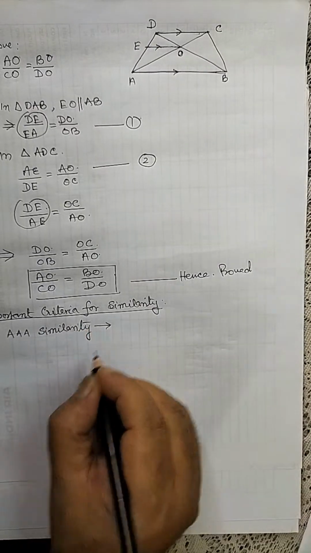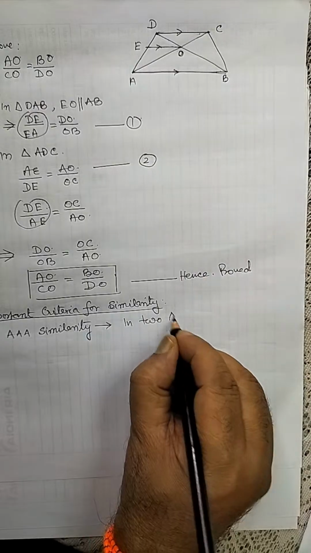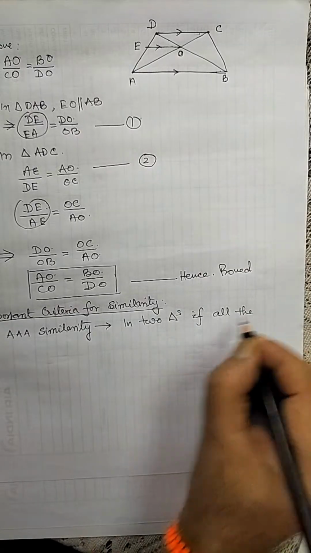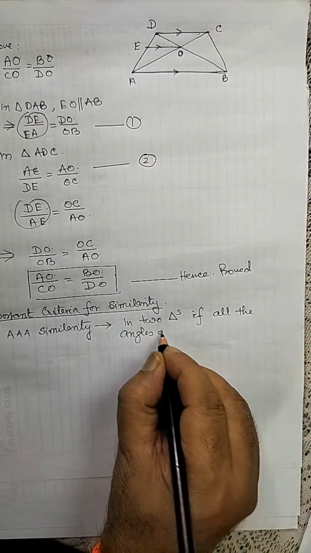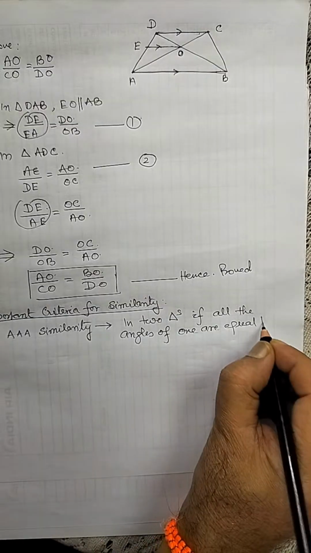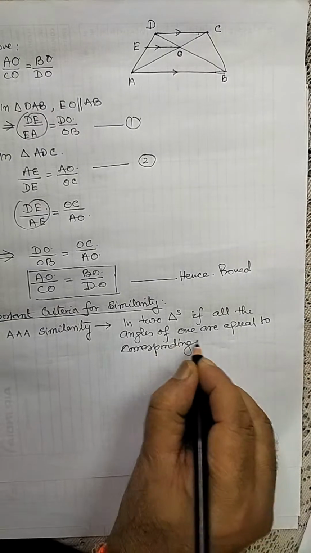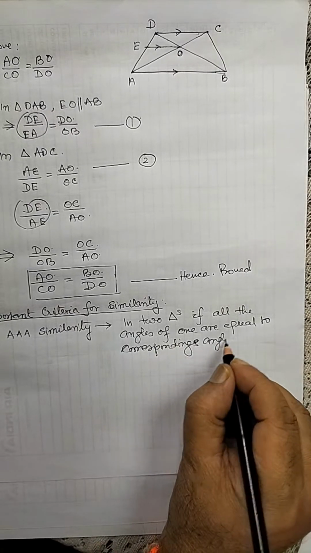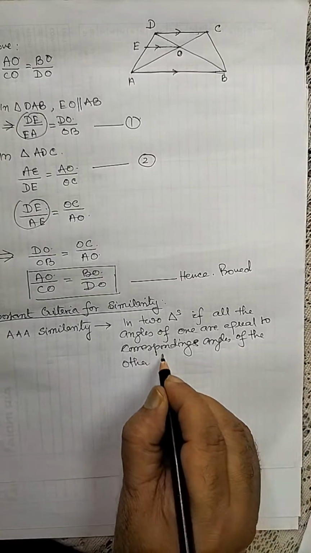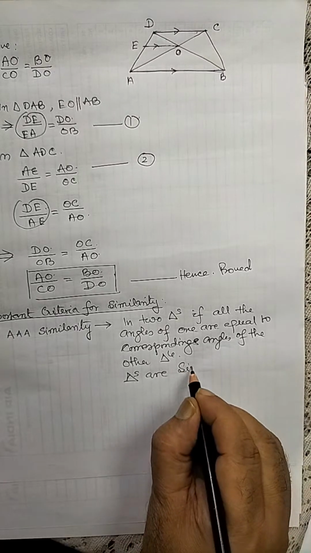That means what it says, in two triangles, if all the angles of one are equal to corresponding angles of the other, the triangles are similar.